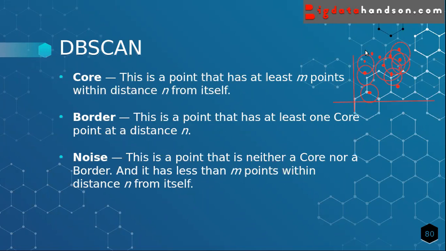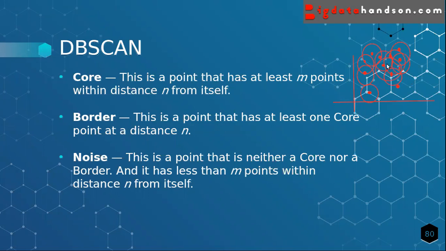If we draw a circle for this, this point has two points here, but it has one core point, so it's considered to be a border point. And these three are all noise, and this one is border actually, since it has one core point.